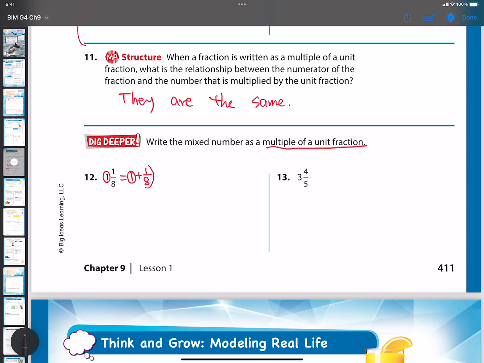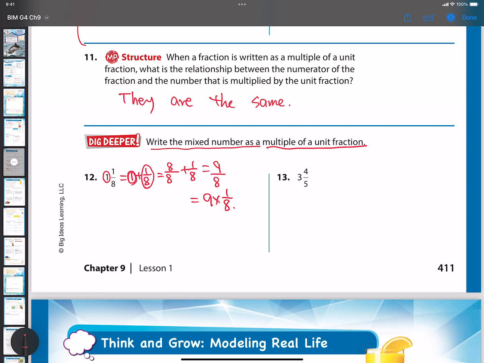In this case, it's split into 8 equal slices of pizza, so this 1 whole pie is 8 slices plus 1 over 8, which is 9 over 8. Now we write the mixed number as a multiple of a unit fraction, which is 9 times 1 over 8.